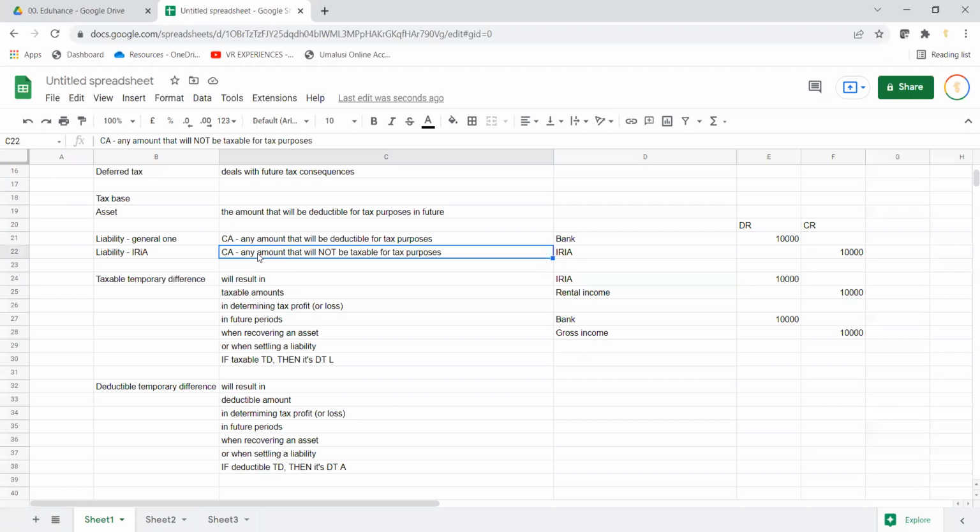So the tax base for this income received in advance would be 0 because it's carrying amount, 10,000 Rand, minus any amount that will not be taxable. So what will not be taxable next year? SARS is not going to tax the 10,000 Rand because they have already taxed it in the current year. Okay, so that is the definition of a tax base.